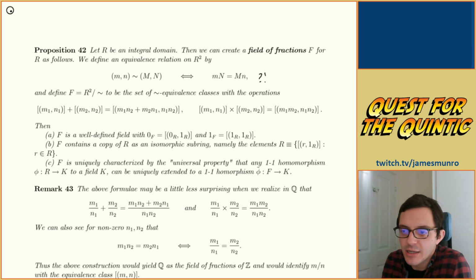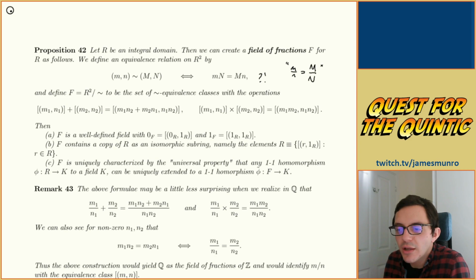These fractions are equal if m divided by n is equal to big M divided by big N. So it's considered equivalent on those. And weird addition and multiplication.